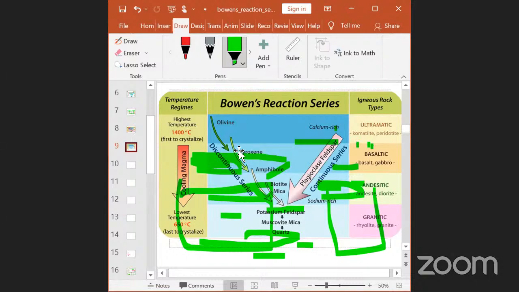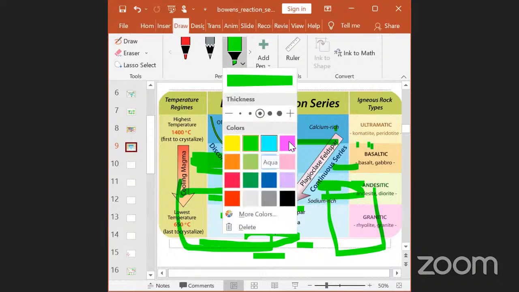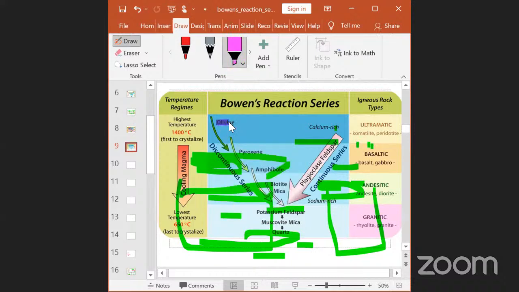the first mineral to form is olivine, right? But as the magma continues to cool, some of the olivine will be turned into pyroxene. If we remember, the pyroxene that you are familiar with is augite, right?